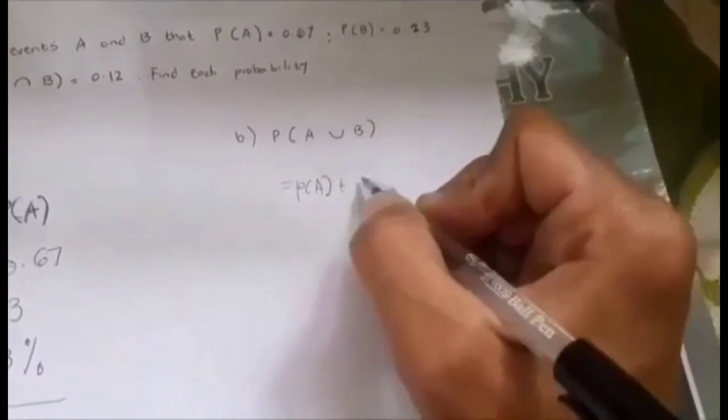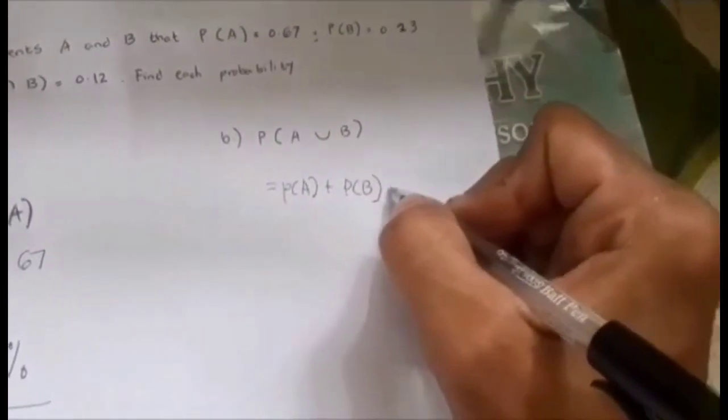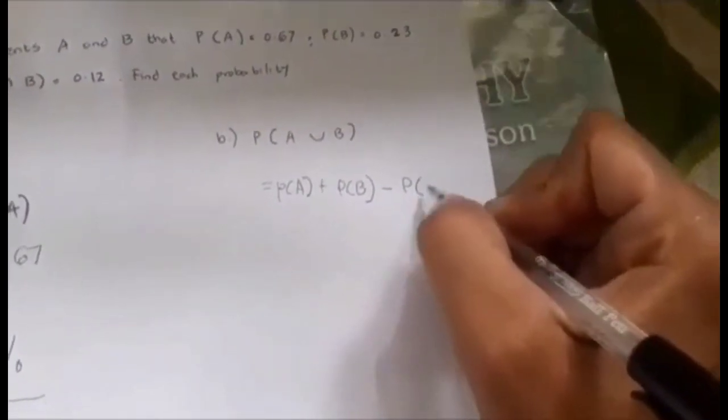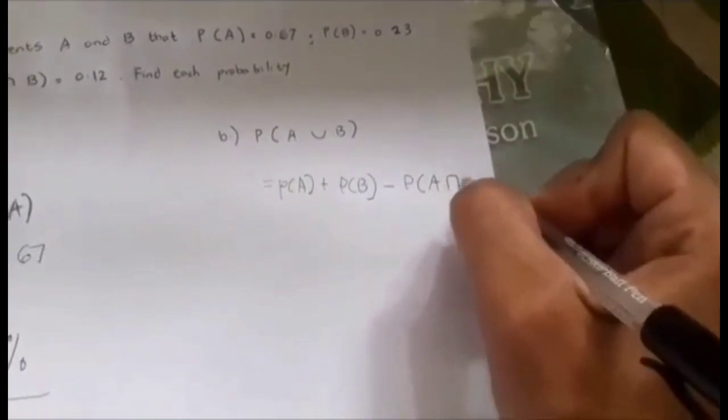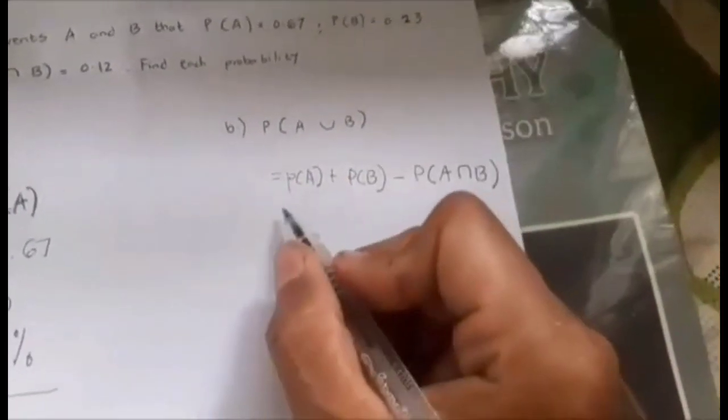Probability of event A plus probability of event B minus probability of the intersection.